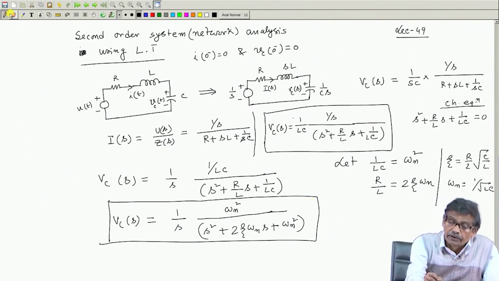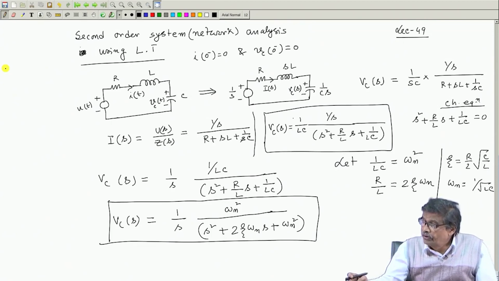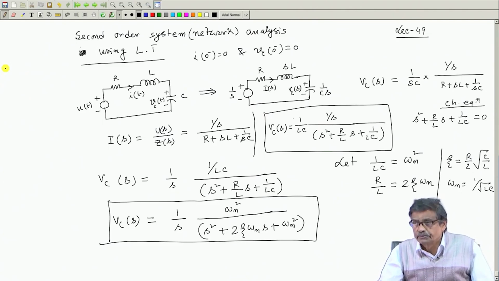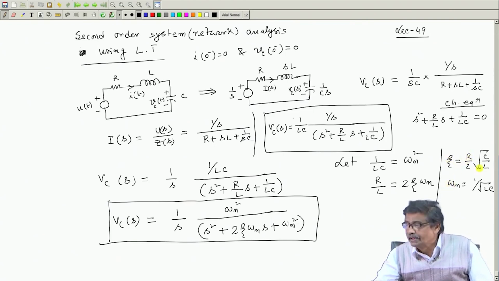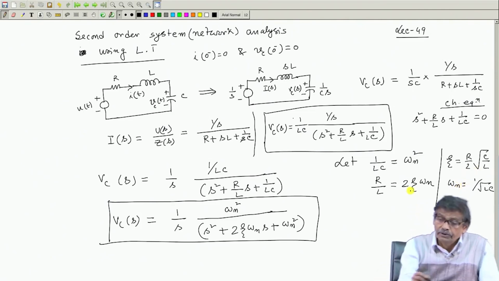So, case 1, let us assume the values of R, L, C are such that zeta becomes equal to 0. When will zeta become 0? When R equal to 0. Now, one may say if C is 0, then also zeta will be 0, but then it will not be a second order system, got the point? So, we will take one at a time.